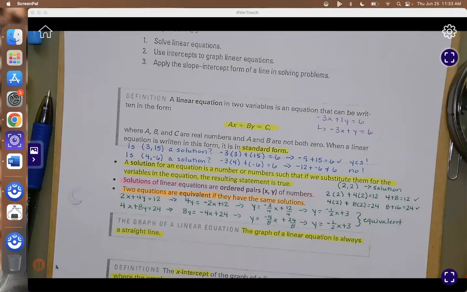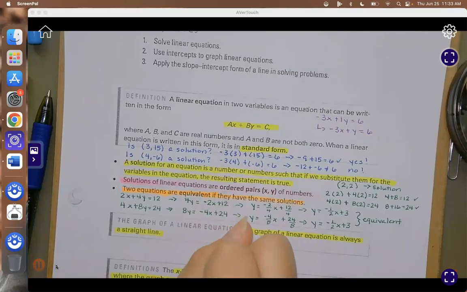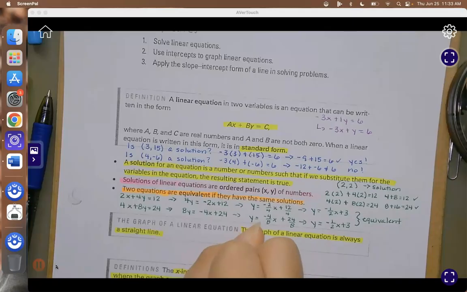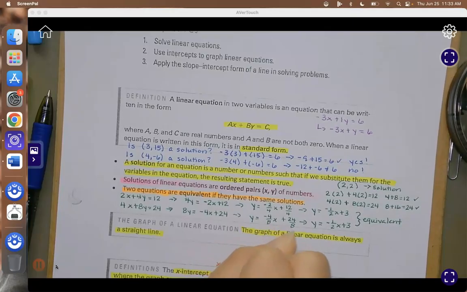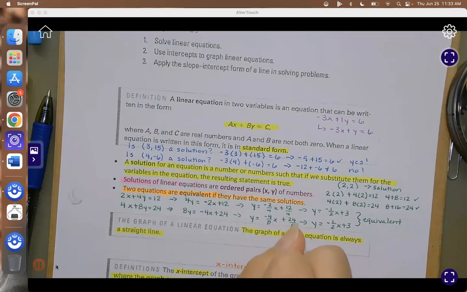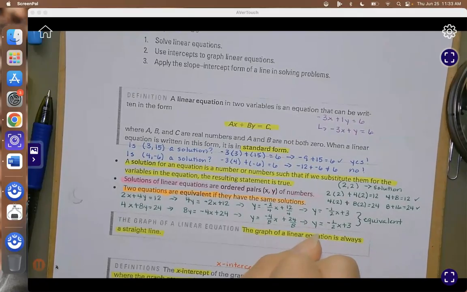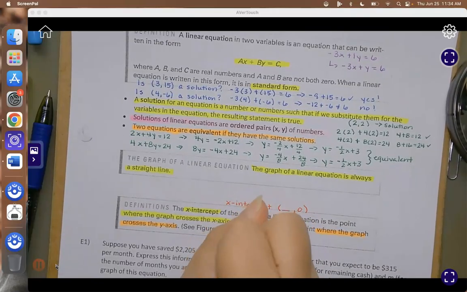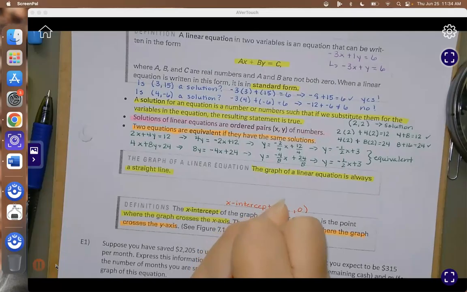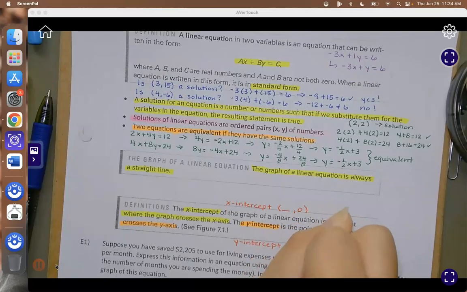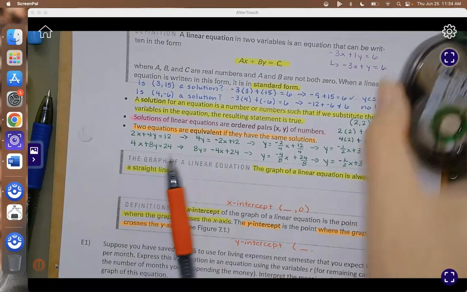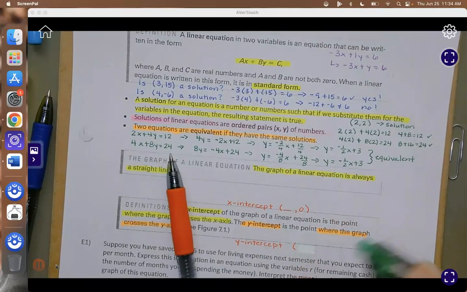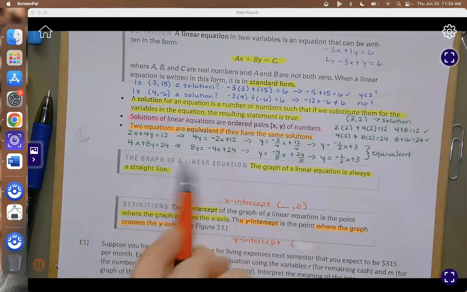Now, your x-intercept point is hitting the x-axis, so that means that there is no y value. So y is going to be 0 because it's sitting on the x-axis. Now, the y-intercept is hitting the y-axis. So that means that it has no x value.